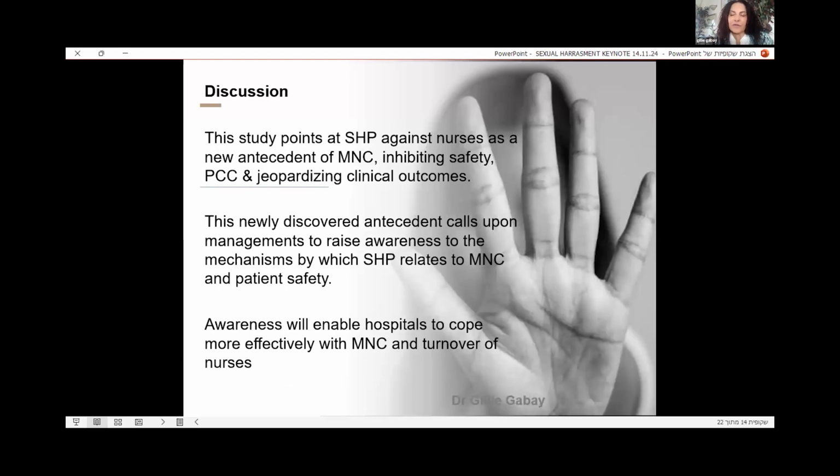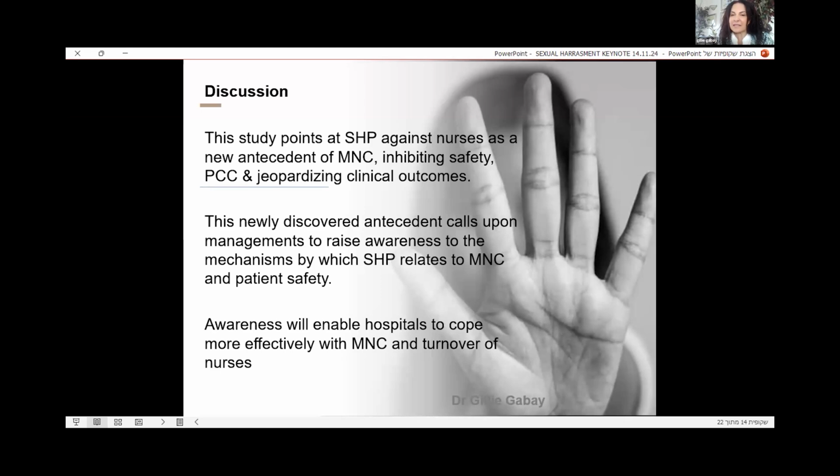What can we learn from this study? So there are many insights, and if any of you can take the message home to your health systems, that would be wonderful. Our studies pointed at sexual harassment against nurses as a new antecedent of missed nursing care that inhibits patient safety, inhibits patient-centered care, and jeopardizes clinical outcomes.